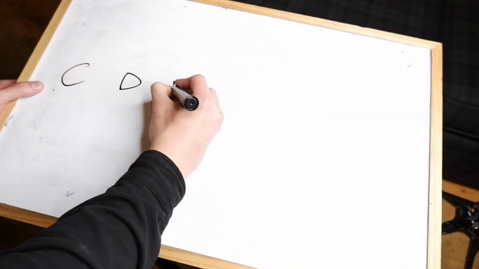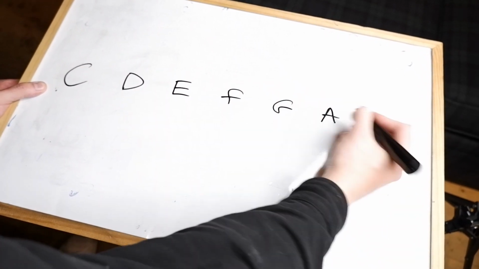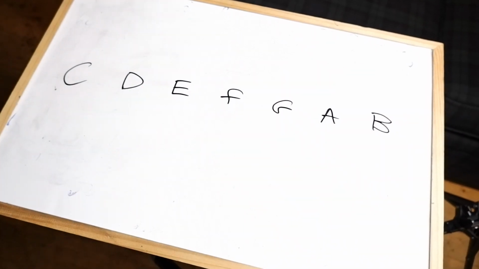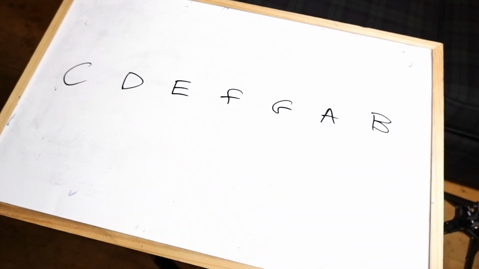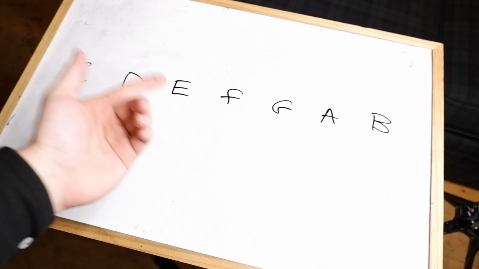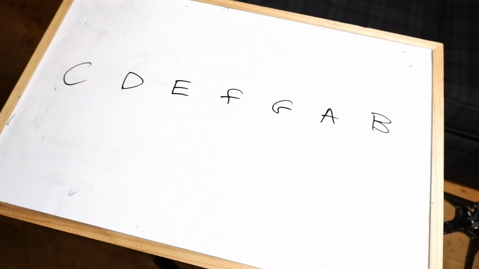So, I've got my trusty whiteboard here, and I'm just gonna start by writing the bog standard C major scale. I haven't written a C at the end. We are not going to use that today. And quite simply, the Nashville number system applies a name to each one of the degrees in the scale.